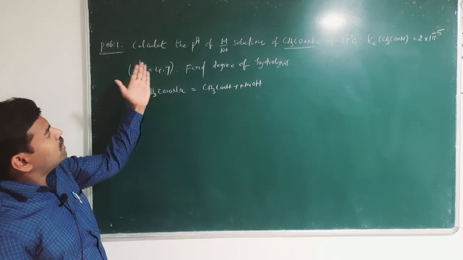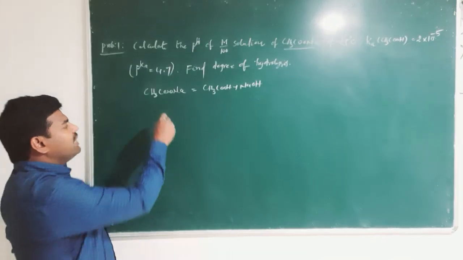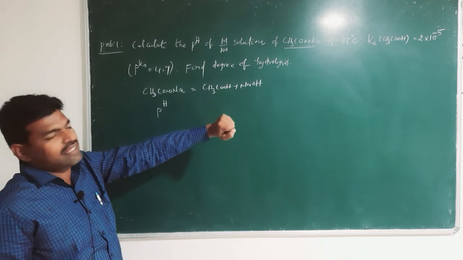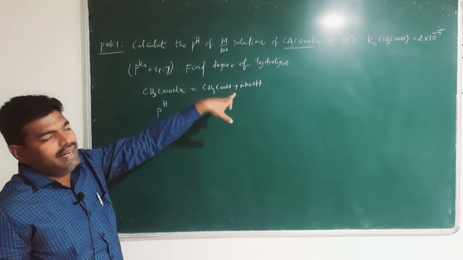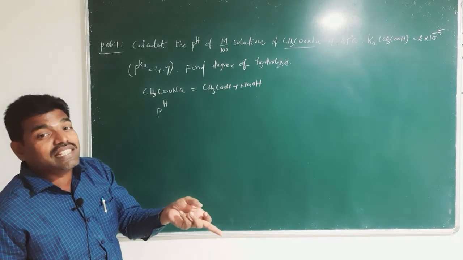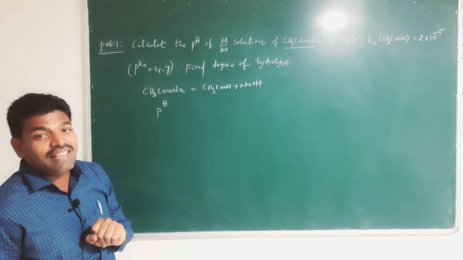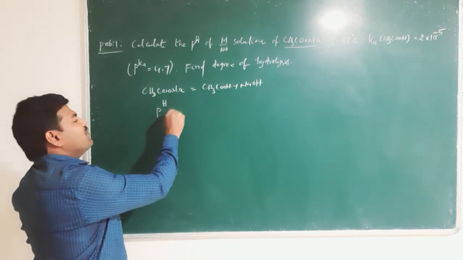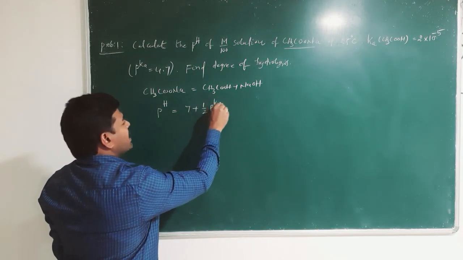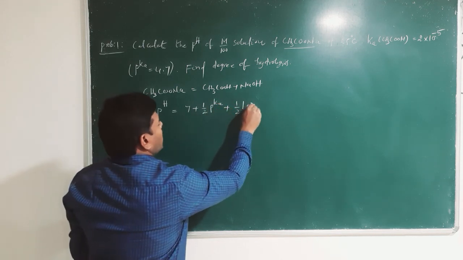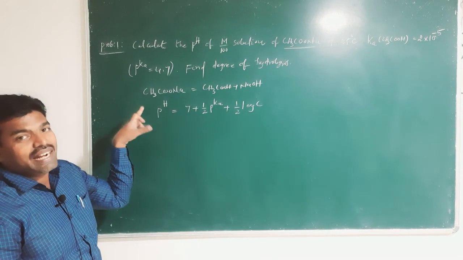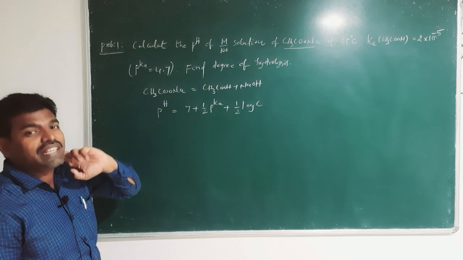So, they asked to calculate the pH. We know the pH of a salt derived from weak acid and strong base: on hydrolysis the resulting solution is basic in nature, that is pH is greater than 7. The equation to calculate the pH is 7 plus 1 by 2 pKa plus 1 by 2 log C, because the resulting solution is basic in nature.